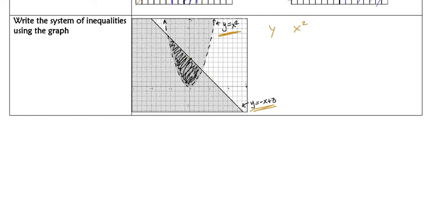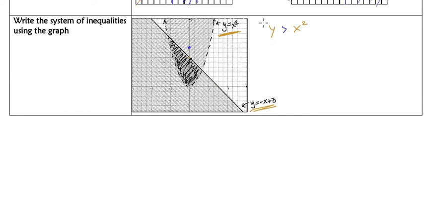So let's choose a point up above it, like, looks like that's 0, 4. If I plug in 0 for x and 4 for y, I get 4 is greater than 0, so y is greater than x squared, and there's our first inequality.